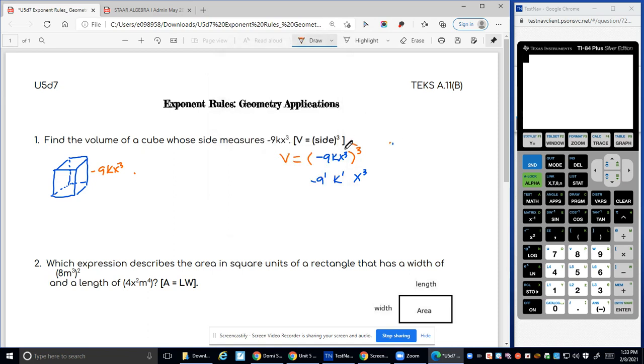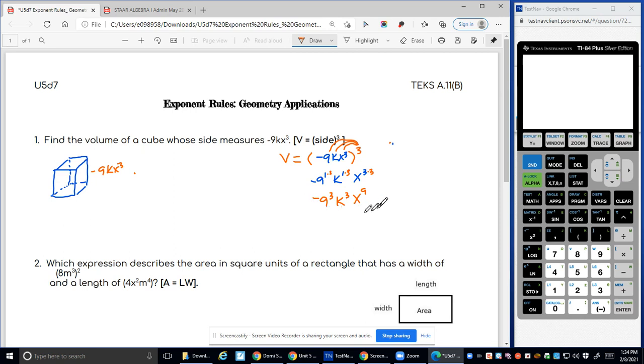The most common mistake is that students forget to distribute it here, and they forget to distribute it even to the coefficient. So we want to make sure that we do that. So that's times 3, and then times 3. We end up with negative 9 to the third power, k, because that's 1 times 3 to the third power, and then 3 times 3 is just 9.